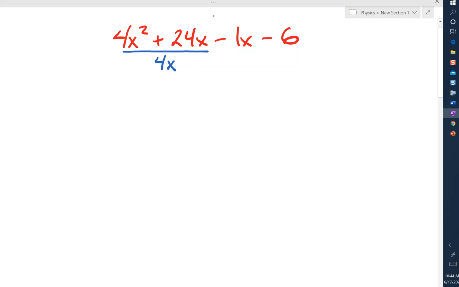And I'm going to do what we did in a previous video for GCF. I'm just going to do it on these front two. So my GCF comes over here, and then I'm going to divide out my 4x from those two red terms on top to give me a binomial. So if I look at this first one right here, 4x squared divided by 4x, so 4 divided by 4 is 1.